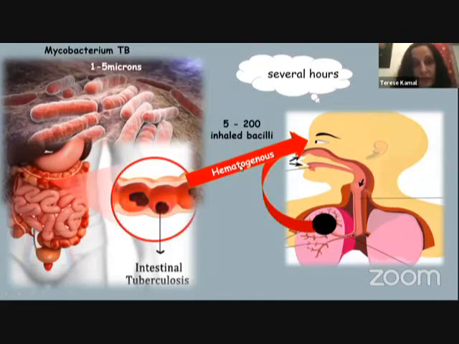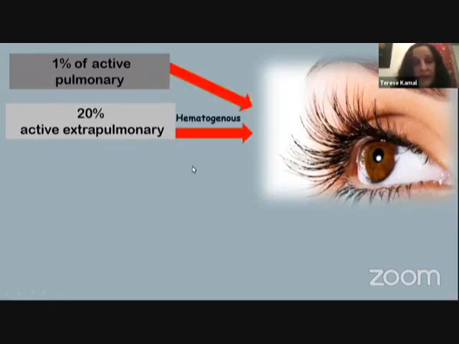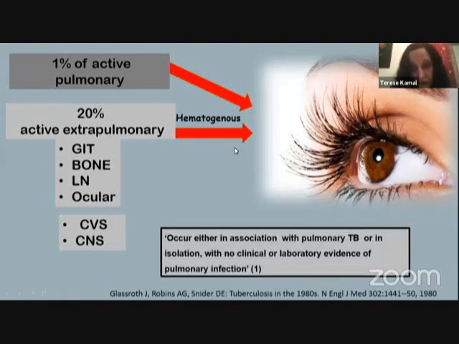In ocular TB patients, only 1% of them will have active pulmonary TB, and 20% of them will have active extrapulmonary TB. And what I mean by extrapulmonary TB is the GIT, bone, lymph nodes, which was one of the most important sites of extraocular TB, CNS or CVS, and they get to the eye through the blood.